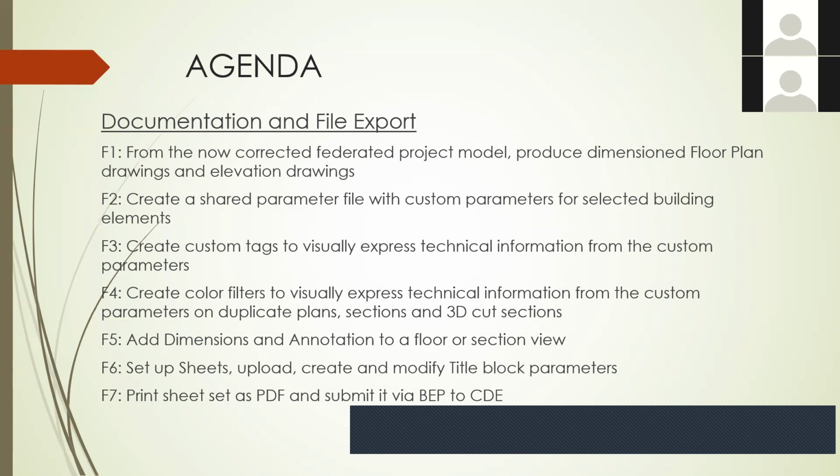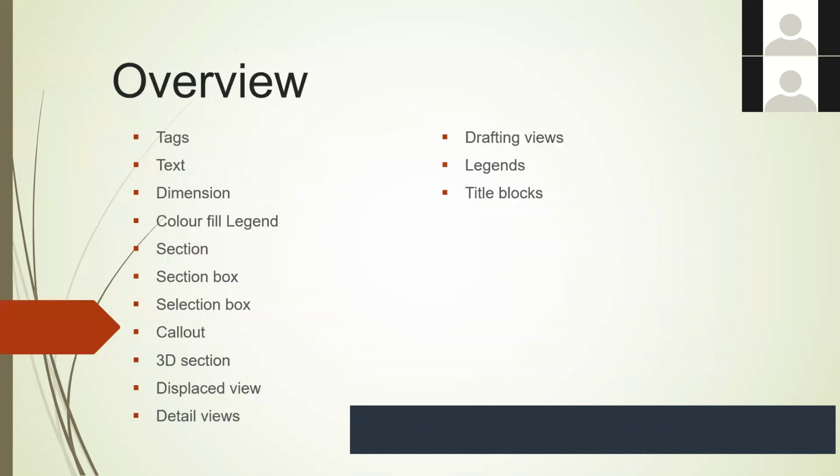Create color filters to visually express the technical information from the custom parameters on duplicated plans, sections, and 3D cut sections. Add dimensions and annotation to the floor or section views. Set up sheets, uploads, then create and modify the title block parameters, print the sheet as a PDF and submit it by BF to CD.